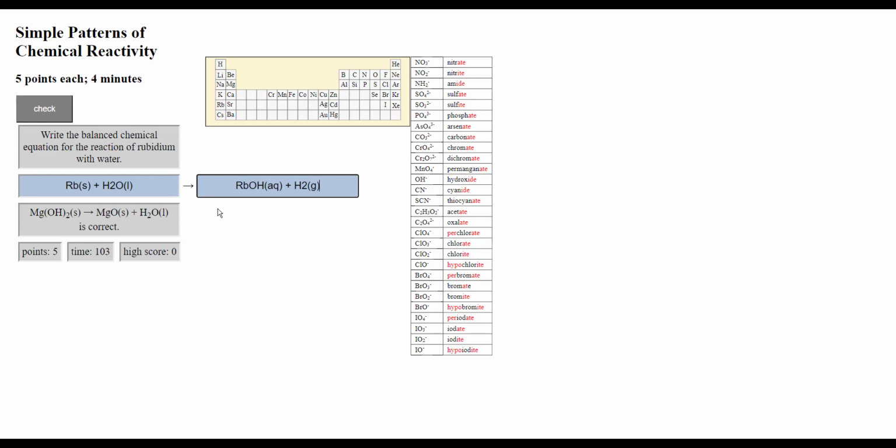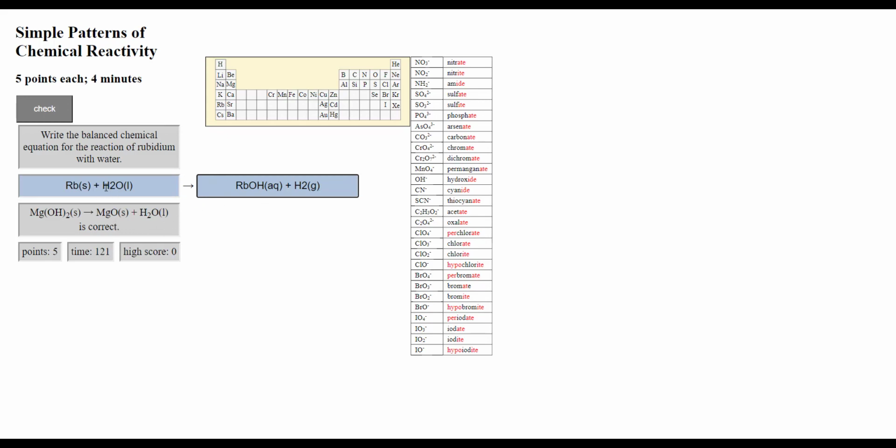So the description in the gray box was not sufficient for you to write the equation. You had to remember that the alkali metals, when placed in water, turn into a solution of the hydroxide plus hydrogen.